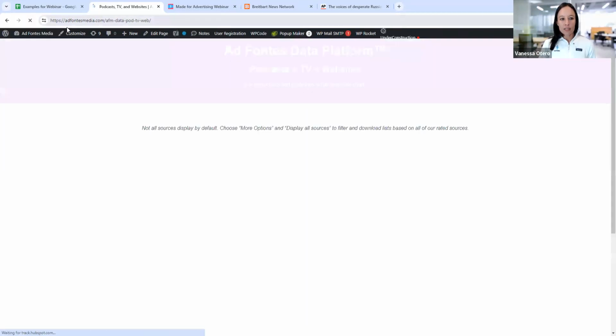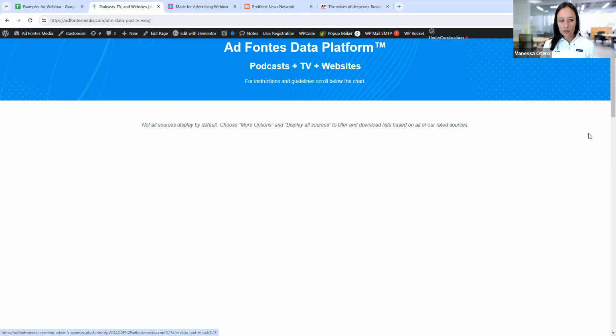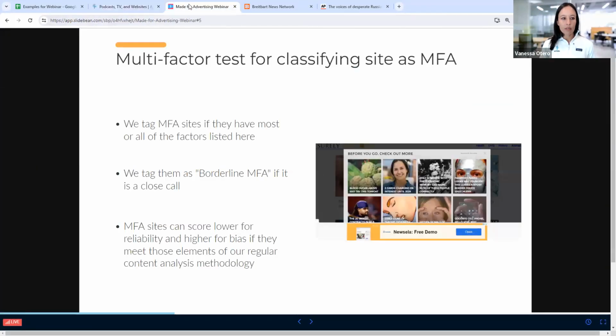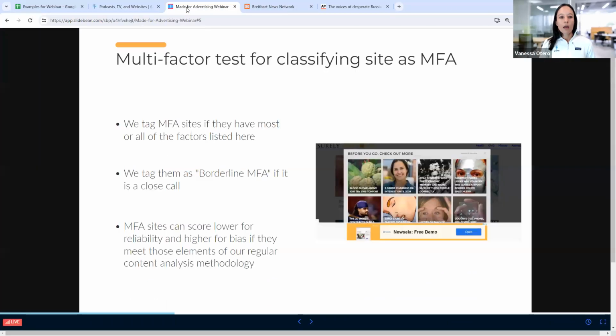I'm going to reload this page to see if that comes up. All right, well, I'll get back to that. But they can score lower for reliability or higher for bias because sometimes we have political MFA. I'll show you some examples of that. And sometimes we have false or misleading or plagiarized MFA, and that scores even lower. Let's see if this pulled up. It didn't pull up. So just envision our media bias chart.